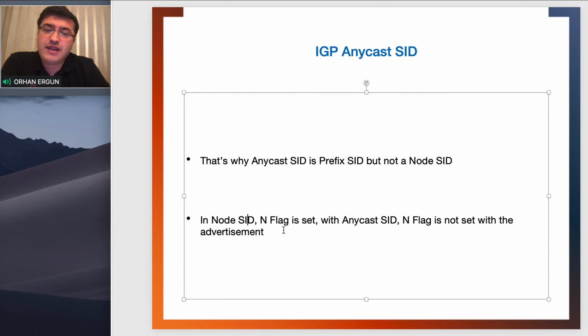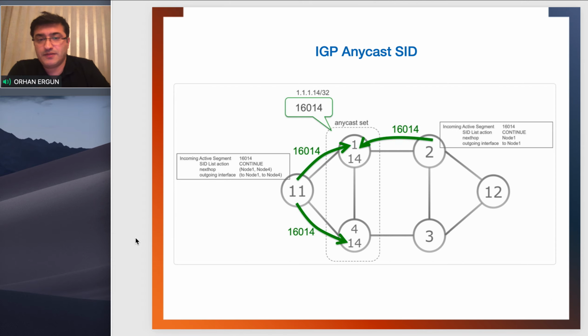So for a node SID, the N flag is set. This is for troubleshooting, which we will use later when we do the lab as well. With an anycast SID, the N flag is not set in the advertisement. So with a single node, the N flag is set; this is for the node SID. But when we configure an anycast SID, it will not be. So for troubleshooting, it will only be important there.